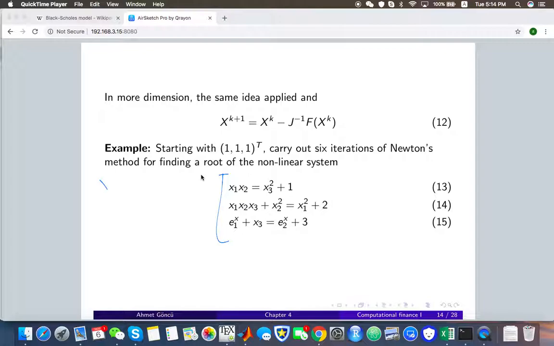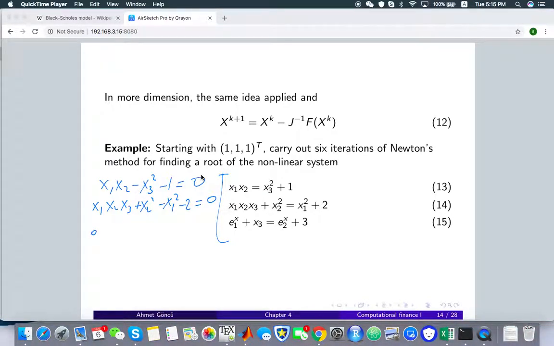First, we represent this system by collecting everything on one side of the equation, so that the right hand side is zero. Then we have x1 x2 plus x2 squared minus x1 squared minus 2 equal to 0, and then the last equation, sorry, this should be x1, so you have plus x3 minus e to the power of x2, there's a typo here, and then minus 3 equals 0.